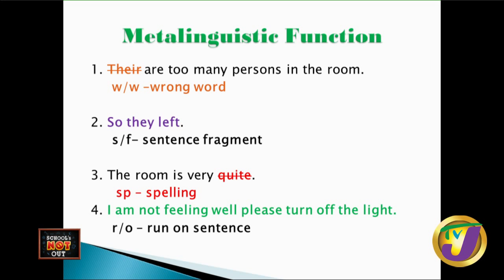You have a third sentence. The room is very, and I'm thinking they should be quiet, but you end up writing quite. And the teacher writes SP, spelling. And the fourth one, I am not feeling well, please turn off the light. And the teacher writes RO, meaning run-on sentence.